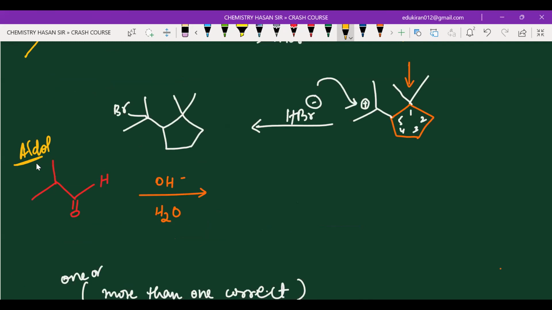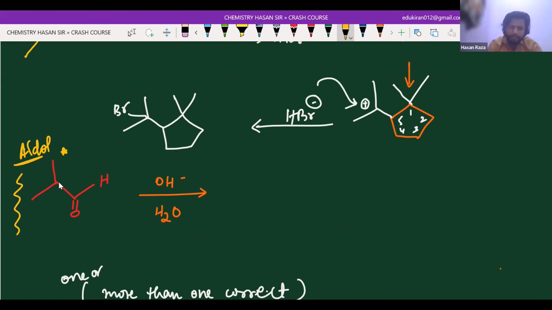Everyone is aware of aldol condensation, so you are going to apply it in this. Count the hydrogen and then make a nucleophile, make an electrophile, and then react it. In the coming chapter, carbonyl compounds, we will discuss it.